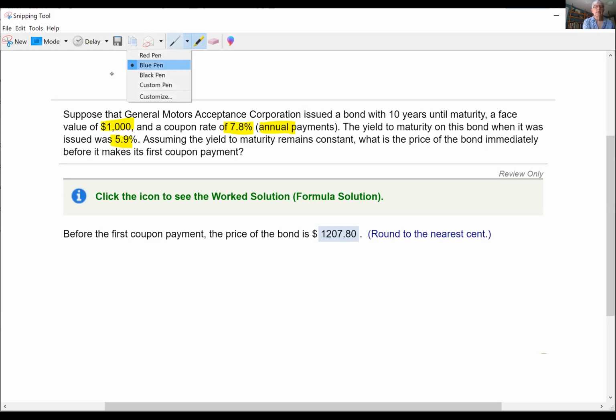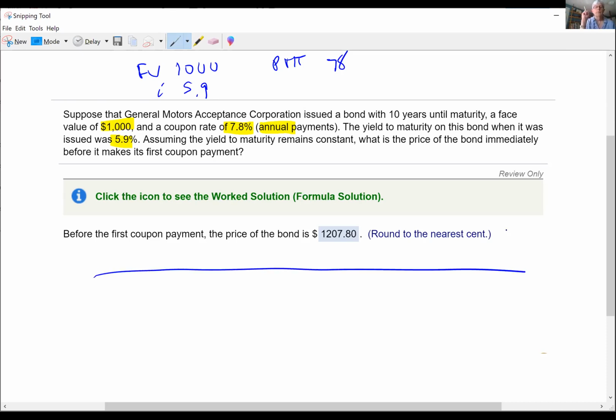So our inputs are going to be that the future value is 1,000, I is 5.9, payment is 78. Those pieces are going to stay the same, and we're going to do this problem as if they'd had us do both of them with the same numbers.